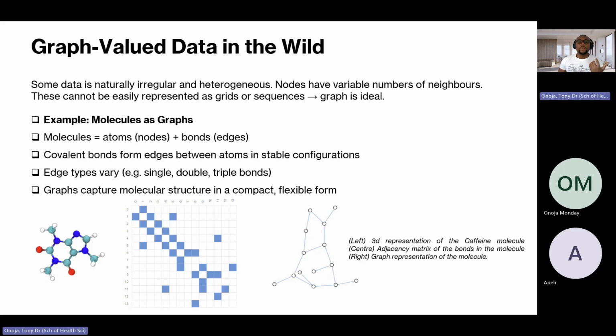Now, the covalent bonds form the edges in the atom in a stable configuration. Now, if you do balancing of chemical equations in chemistry, you will know that you have to have some certain molecular weight or something for you to say that the equation is balanced. Once it doesn't agree, that particular molecule or something is not stable.